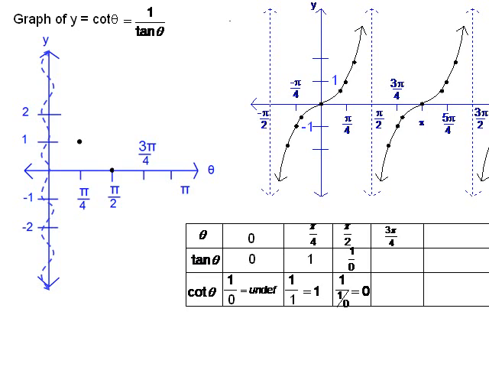3 pi over 4 is our next value. Tangent of 3 pi over 4 is negative 1. So cotangent is going to be 1 over negative 1, which is negative 1. And last up is pi. Tangent of pi is 0. Cotangent will be 1 over 0, so that is undefined.